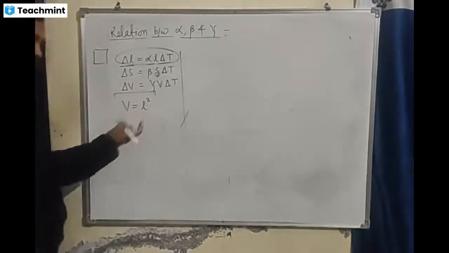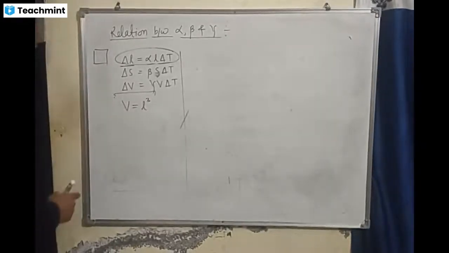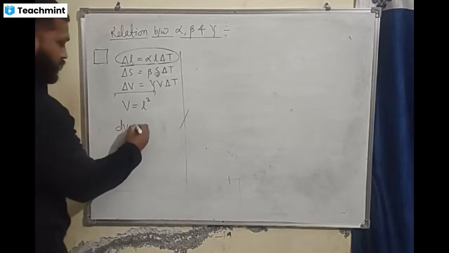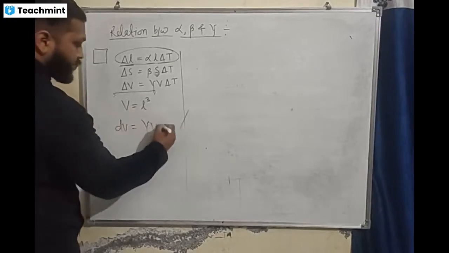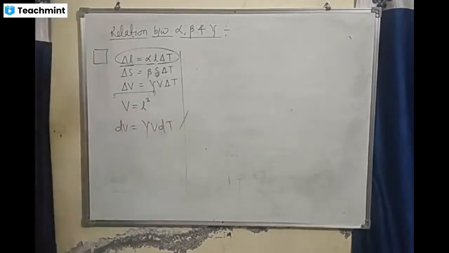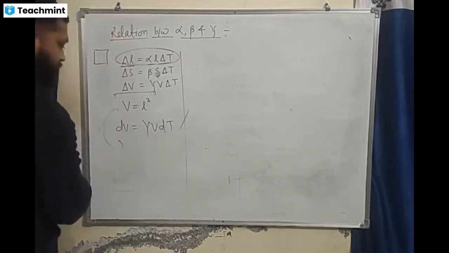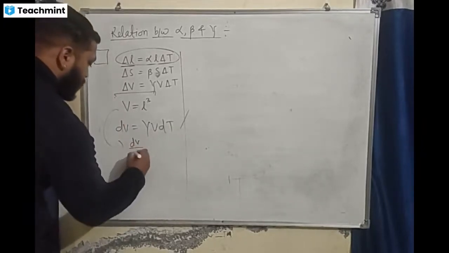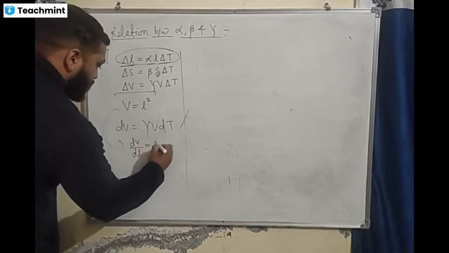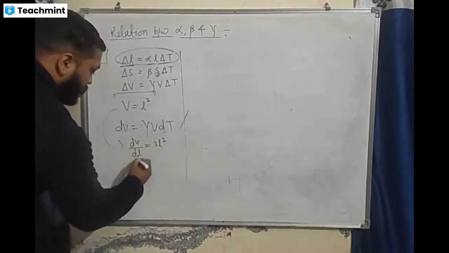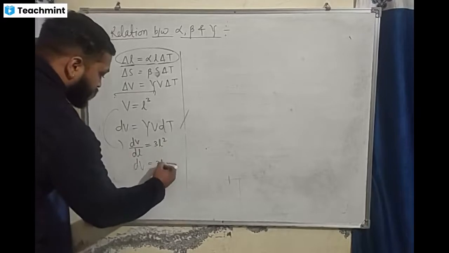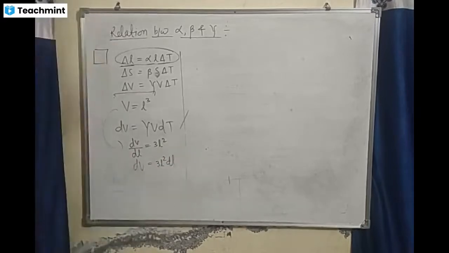We will take the relationship dV equals gamma V into dT. Now we need the value of dV, so we differentiate: dV over dL is 3L square, or dV equals 3L square into dL.